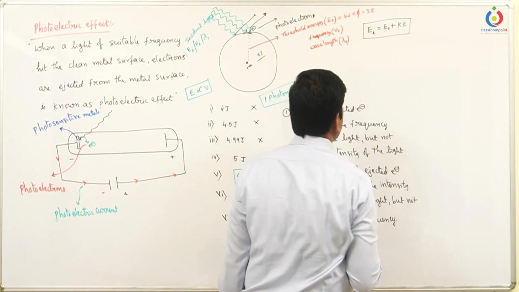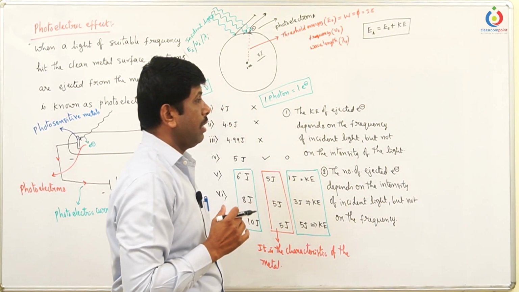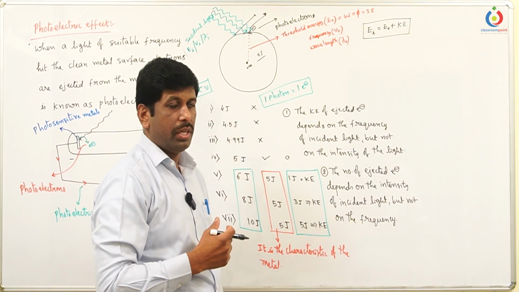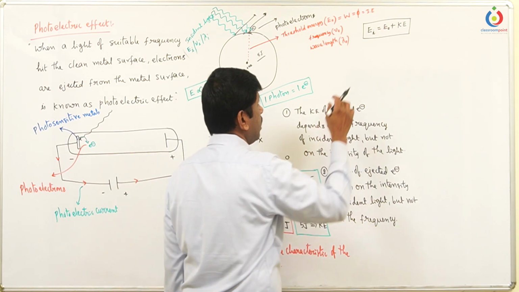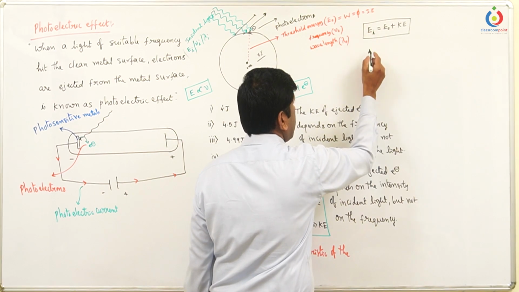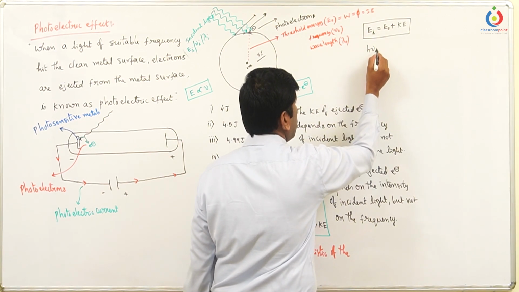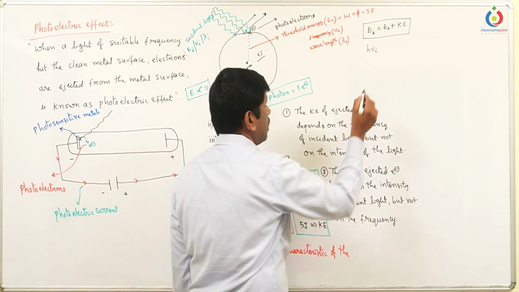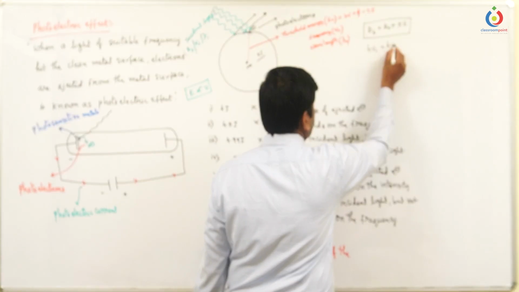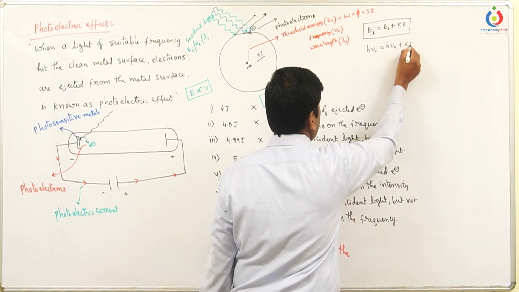This is the equation. Now by substituting these values, this EI can be written as h nu I, where nu I is the frequency of the incident light, equals h nu naught plus kinetic energy.